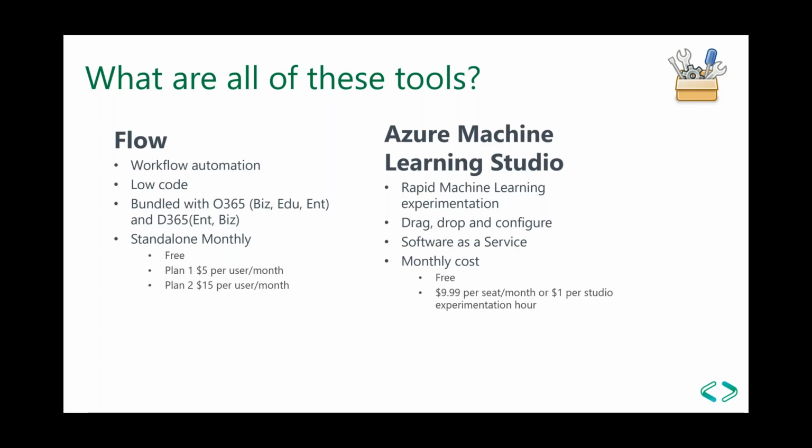And again, it has a free version, but there are limits with it. If you need the paid version, it's about $10 per month or $1 per studio experimentation hour. So those are the tools that I'll be covering today. And now I'll be actually diving into a demo.